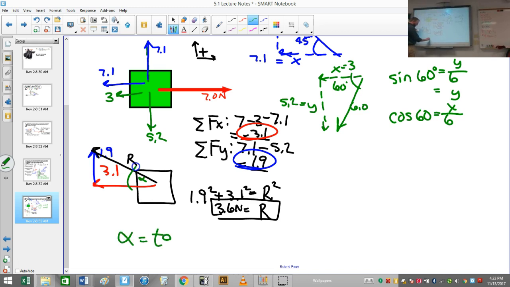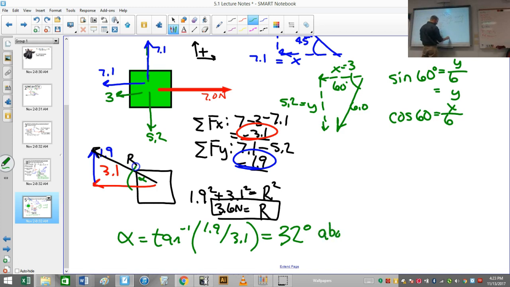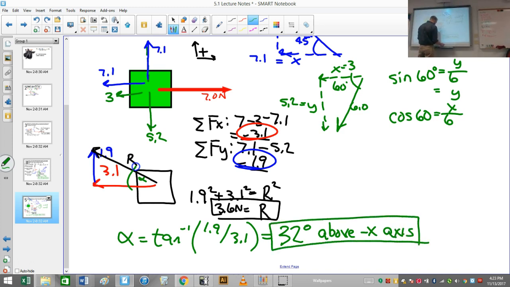It's the inverse tangent of 1.9, the opposite, divided by the adjacent, 3.1. And that turns out to be 32 degrees. Now, there's no east, north, south, or west in this problem, so you're going to say above the negative x-axis. That's the best answer for this problem right there.